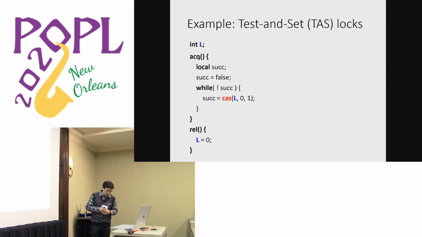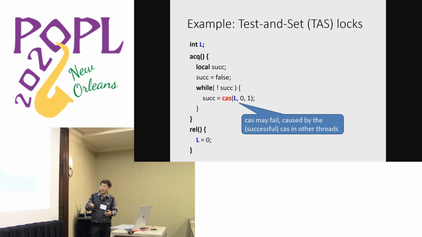Here is another example. It's a simple test-and-set implementation with a spin lock. In this lock acquire method, in this loop, we test whether the lock bit is 0 or not. 0 means it's available. If it's available, we atomically set the lock bit to 1, so it acquires the lock. Then this loop terminates. Otherwise, it has to do busy waiting until the lock is available.